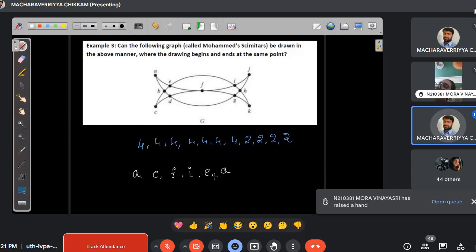I can't travel on EA again. All right. So from E, you better come to B, and then B to A, you can go. So this is the circuit we identified. So first we travel from A to E, then to F, then to I, then I to E, E to B, B to A.